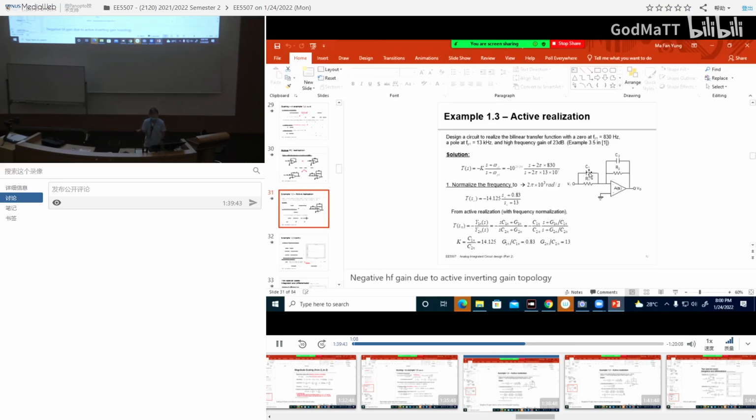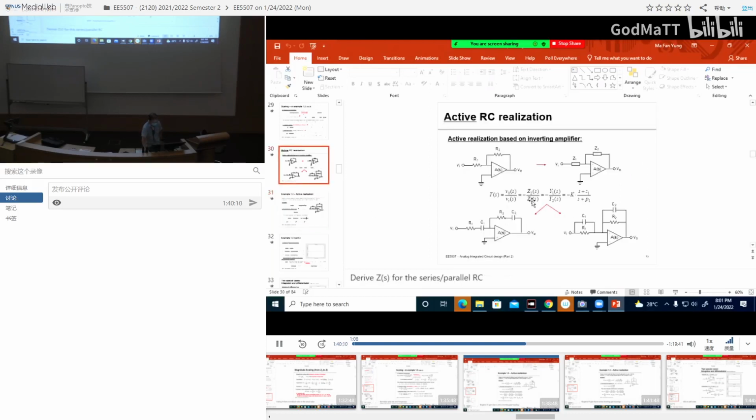SC1. What's the admittance of a resistor? 1 over R. So Y1 is basically 1 over R1 plus SC1, and Z1 is the inverse of Y1.